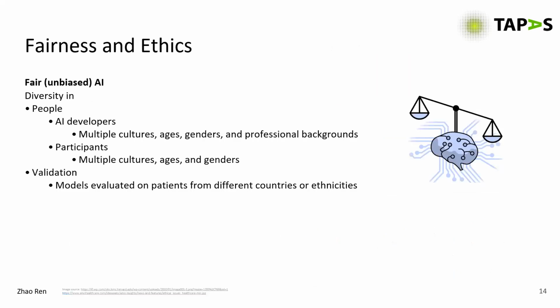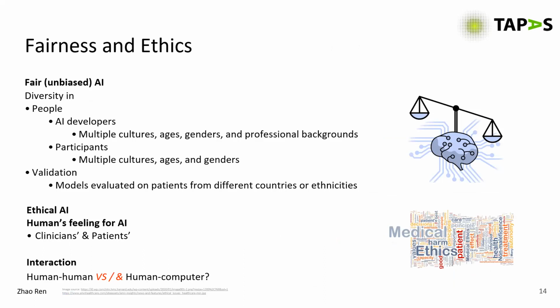And finally, it's fairness and ethics. For fair AI, we hope the model will be diverse in both people, like AI developers and participants, in diverse cultures, ages, and genders. And the model could also be validated on patients from different countries and religions. And for ethical AI, we have many applications. For example, applications to teach children how to express their emotions.